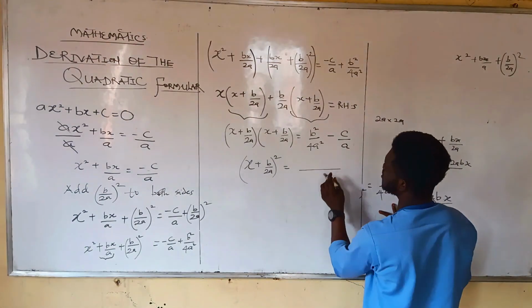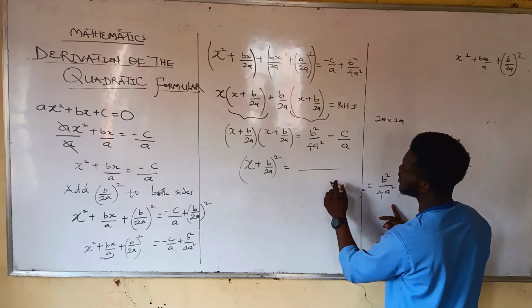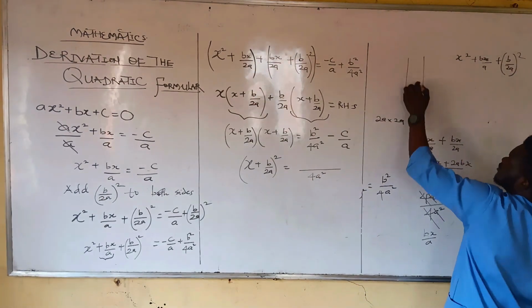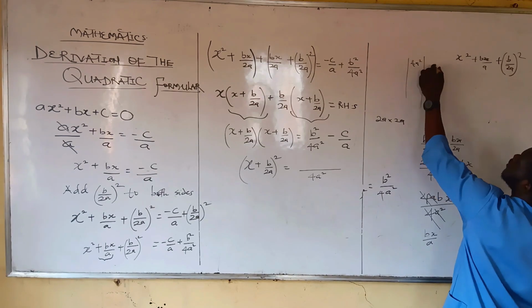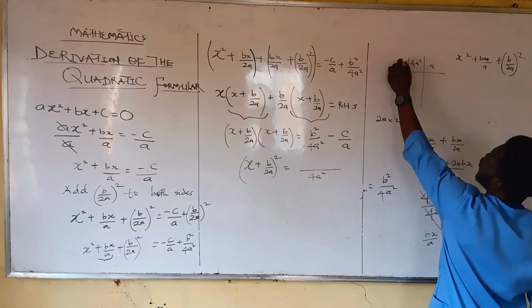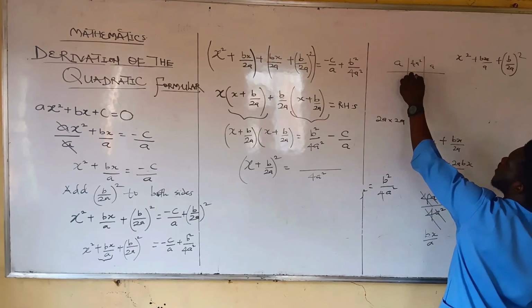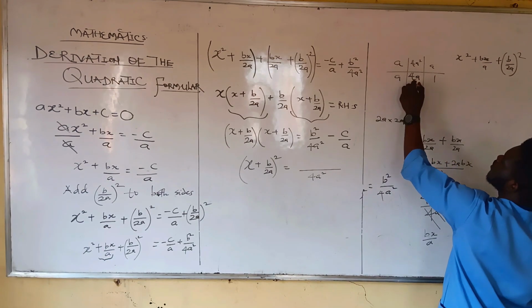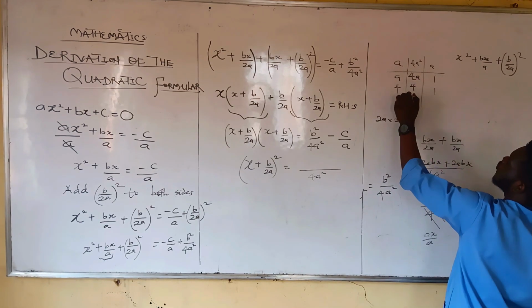What is the LCM of this? The LCM of this is 4a squared. Do I need to show you that? Okay, let's just quickly run through that. 4a squared and a. a is the smallest, a goes into all, we have 4a, then we have 1. a goes into a, we have 4, we have 1, then 4 is 1, 1.